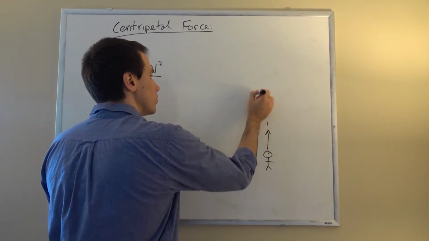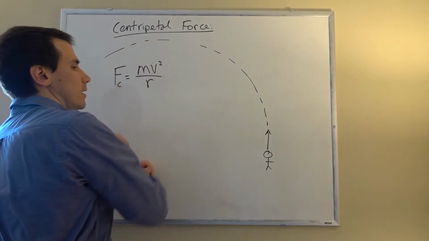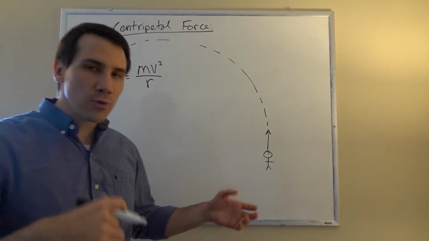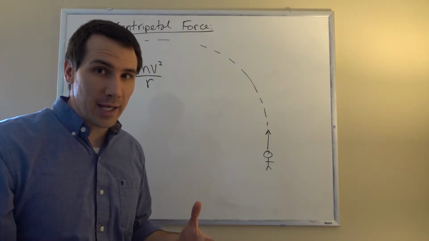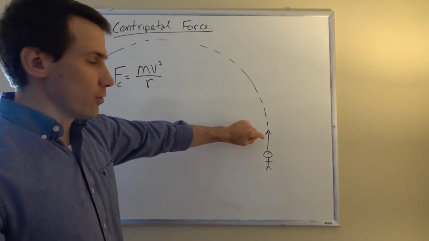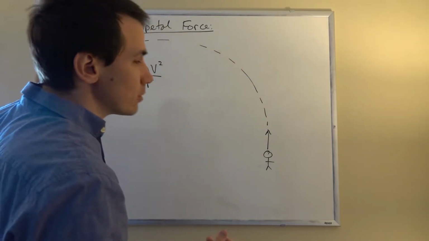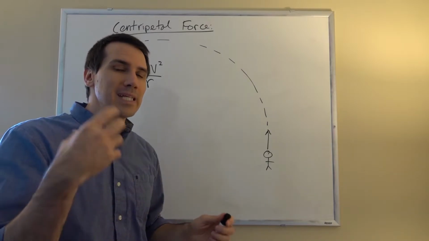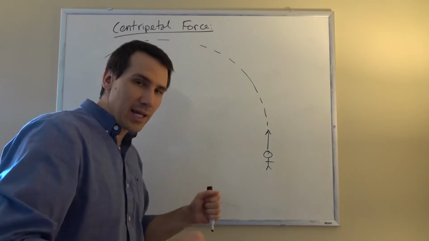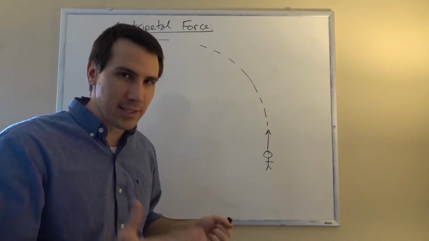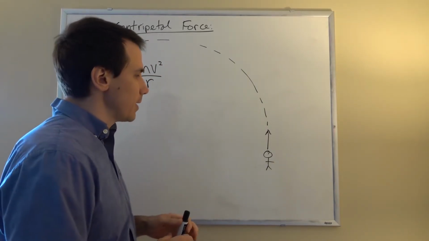If you're sprinting as fast as you can, you probably run in a circle that is very large and wide, right? You probably can't run in a really tight circle at the fastest possible speed you can run at, right?